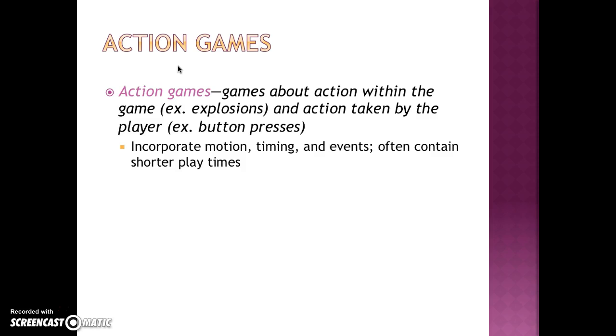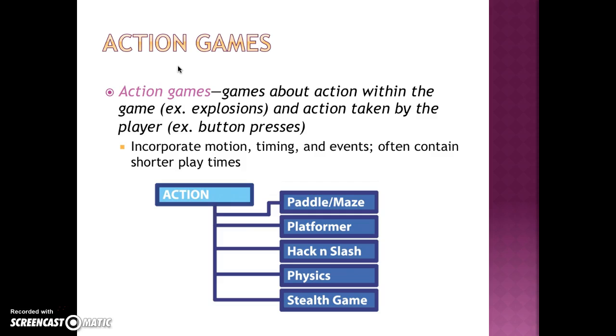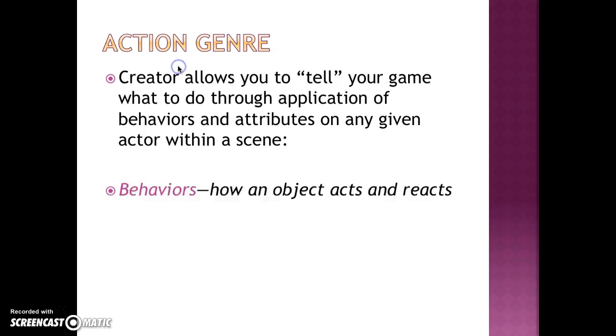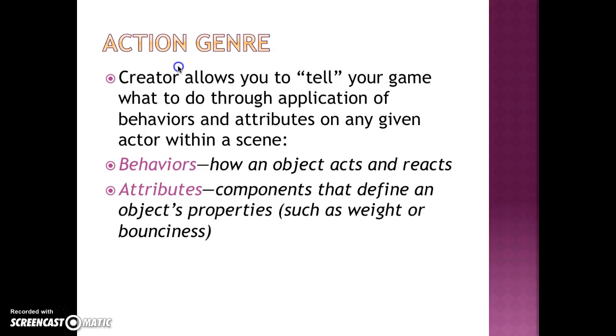So there are 2 types of actions, in the game and by the person playing the game. It incorporates motion, timing, and events. They're usually shorter play times. Off the top of my head, one I can think of is Call of Duty, where playing times are very short, but there's a lot of action going on in the game and a lot of action being taken by the player. This we are going to focus on in class. This goes further and deeper with GameSalad.